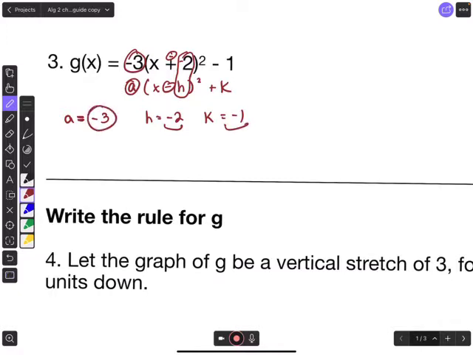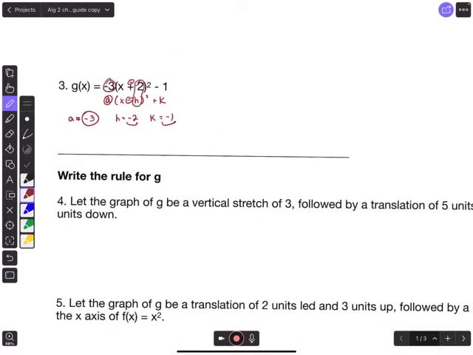But let's talk about this a value. a affects two things. If a is less than 0, that means negative, then it's going to be sad. That means the parabola will open upside down. If a is bigger than 0, that means positive, a is happy. It'll make a smiley face. It'll open upward.